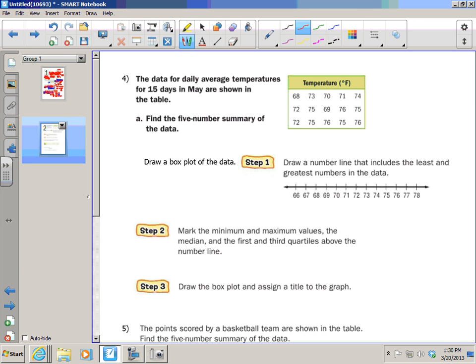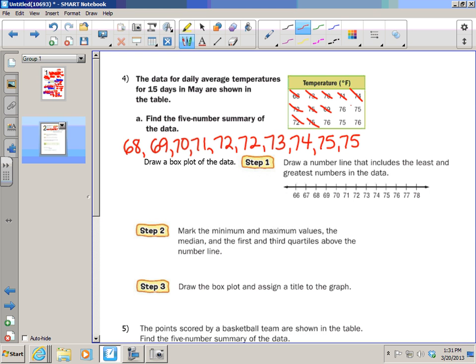So I need them to be in order from least to greatest. 68, 69, 70, 71, 72, 72, 73, 74, 75, 75, 75, 3 times, and a 4th time, and then 76.